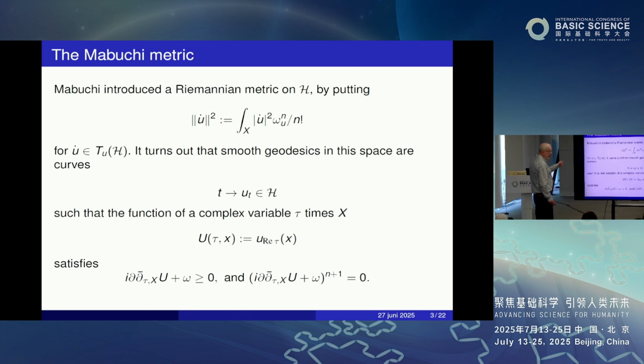So you introduce a Riemannian metric by letting the norm squared of a tangent vector u dot be just the L2 norm. So u dot stands for an arbitrary C infinity function, and the metric depends on the point because you're taking the norm with respect to the volume element ω_u.